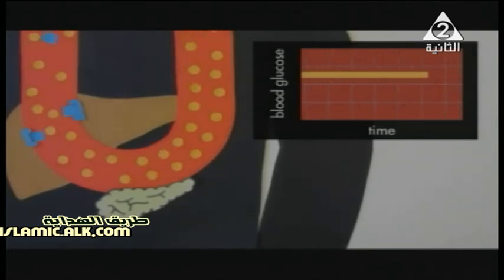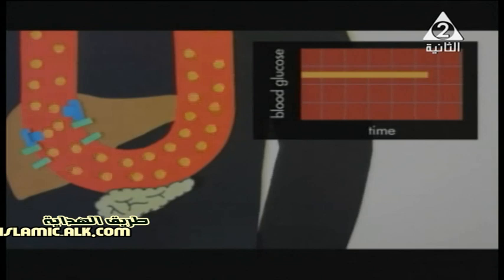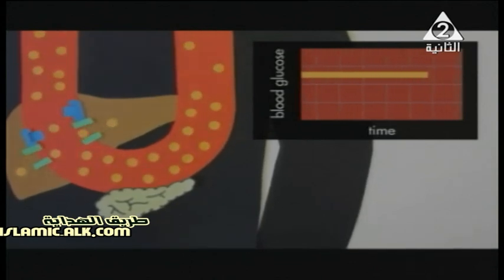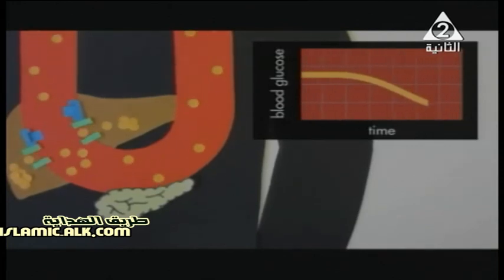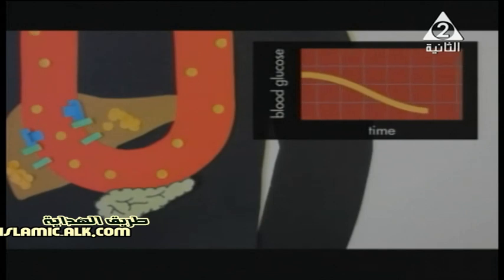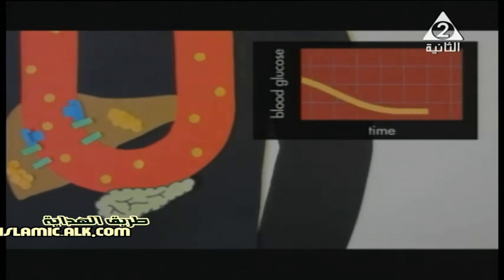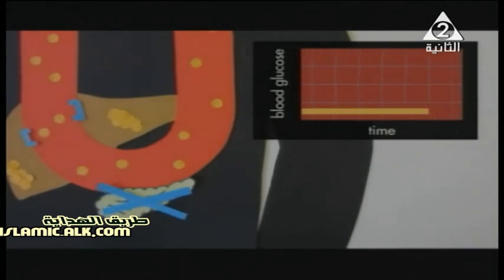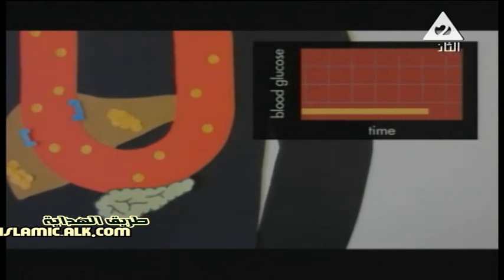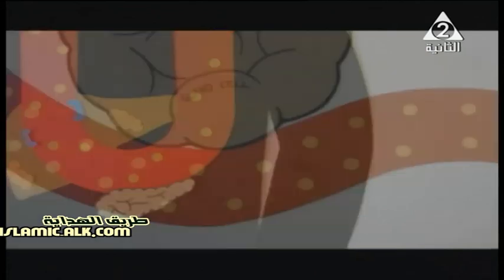Okay, so we have two hormones here. They are secreted by the pancreas. They are contradictory to each other. Insulin decreases the amount of blood glucose by storing the extra glucose inside your liver in the form of glycogen, while glucagon takes the stored amount of glycogen and makes it available inside your blood.